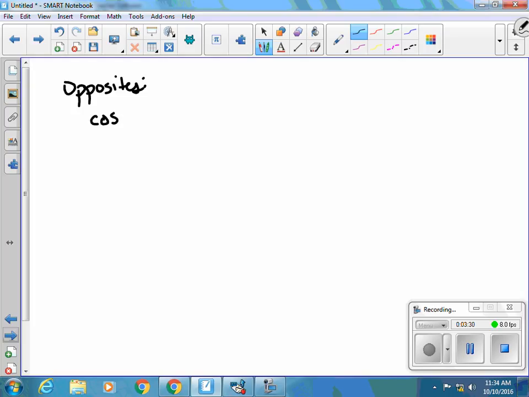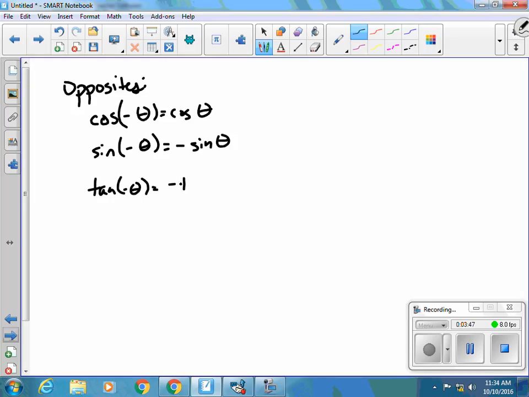So cosine of negative theta equals a regular cosine theta. Sine of negative theta equals negative sine theta. Tangent of negative theta equals negative tangent of theta. Again, I'm just going to go through these theorems. They will be asking you to apply them.